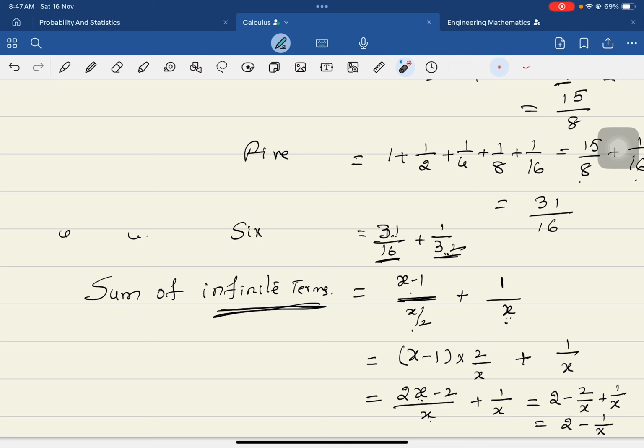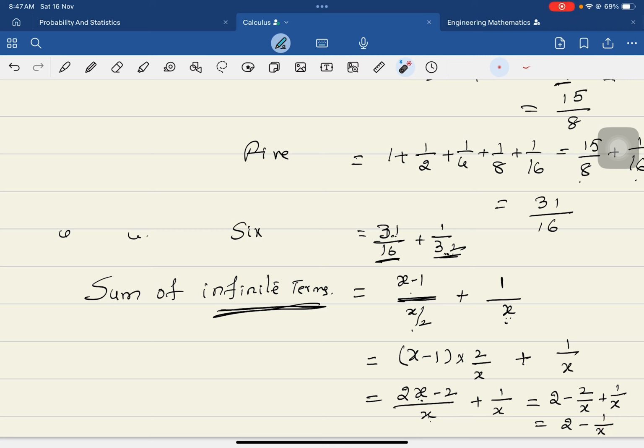Try to understand. So can we understand one important thing here, that whatever the infinite terms you are increasing, you are not going to cross 2. It is up to 2 minus 1 over a very big number.